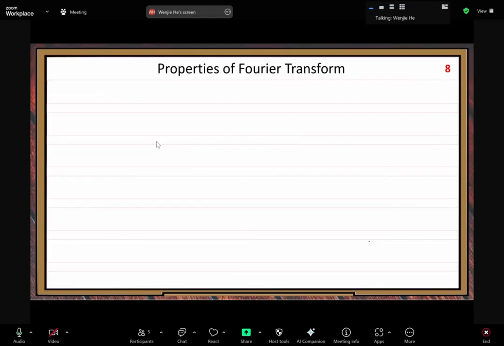I want to use one whole class to study the fast Fourier transform. Why can we do the fast Fourier transform that fast? I will explain the algorithm of the fast Fourier transform.